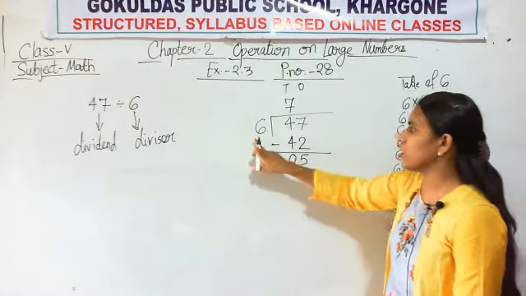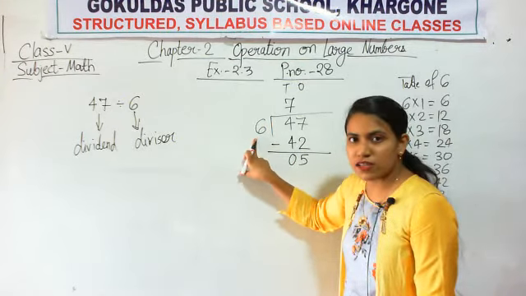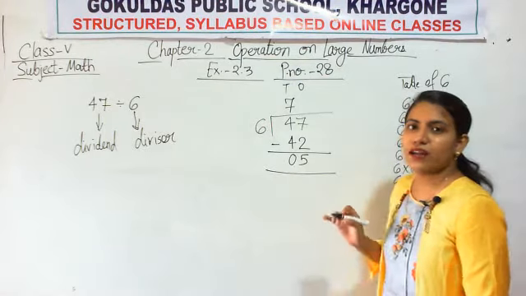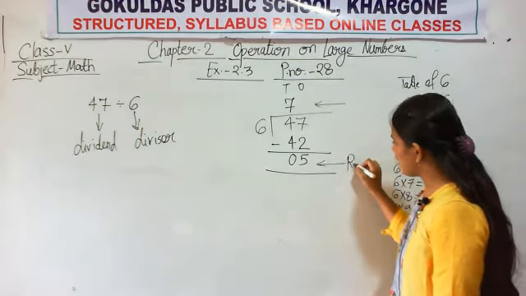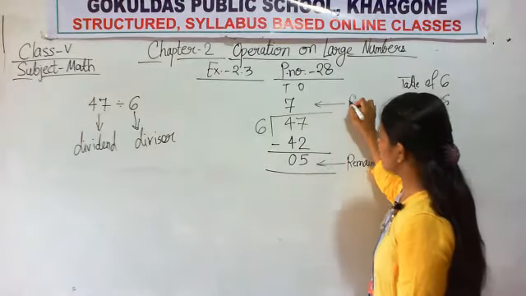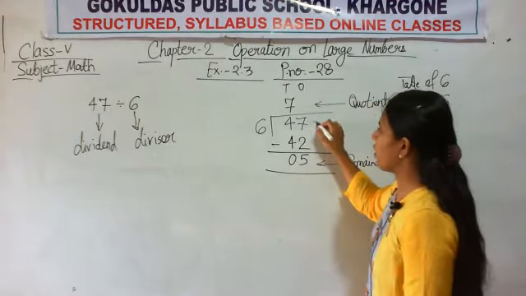Now observe that your new dividend is 5. 5 is smaller than the divisor, so you cannot divide further. So it is your remainder, and this is your quotient.